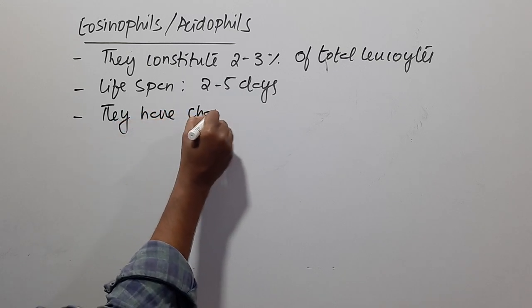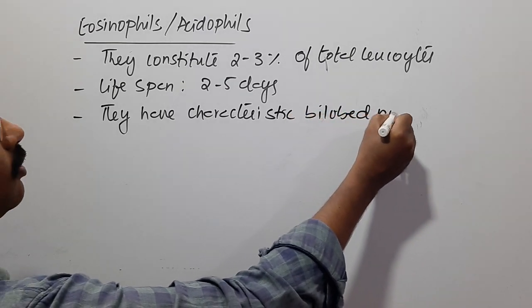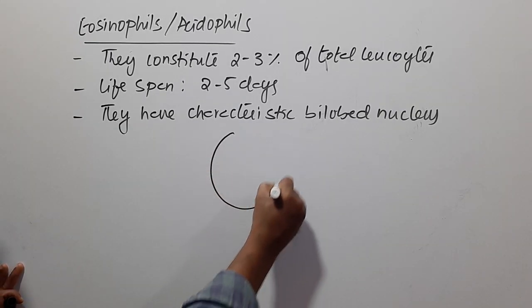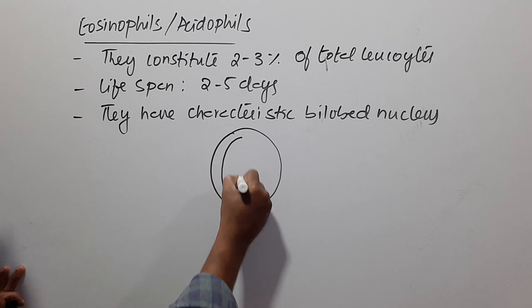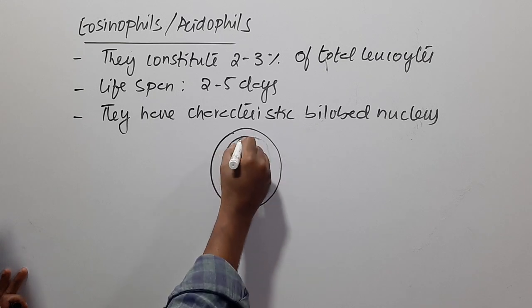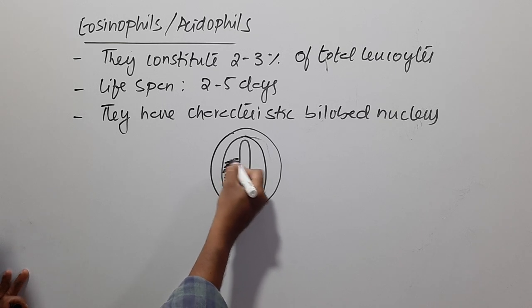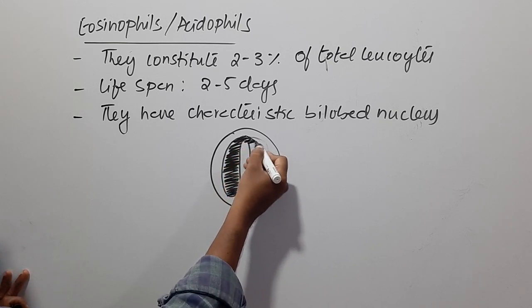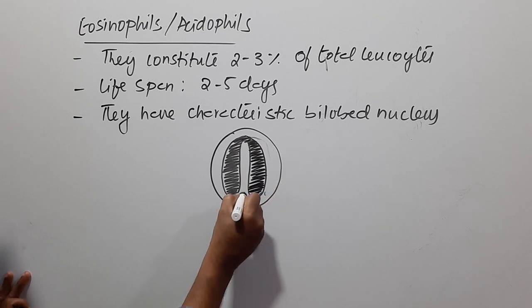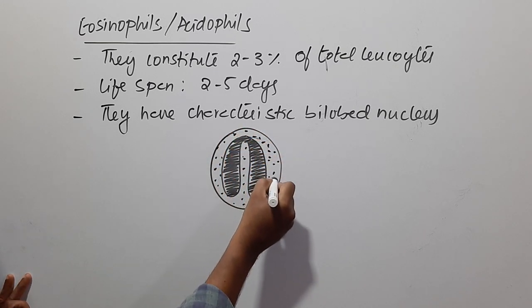They have a characteristic bilobed nucleus. So here you can see this is a bilobed nucleus, and all these are granules.